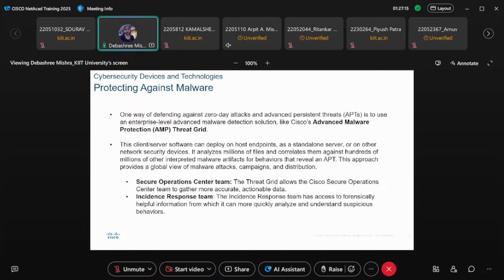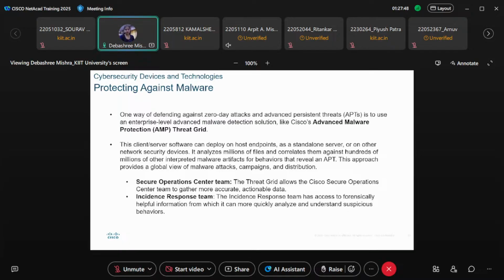The next is protecting against malware. In this particular context, we are talking about the zero-day attack. These are advanced persistent threats, known as APTs, which are used by certain organizations to advance their malware detection solutions. Once they have set some software or detection techniques, they will test these kinds of attacks first. Cisco uses advanced malware protection systems like ThreatGrid.